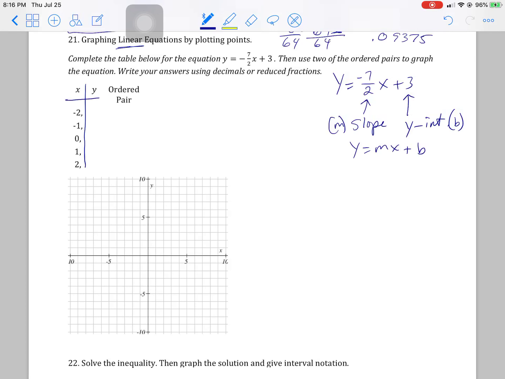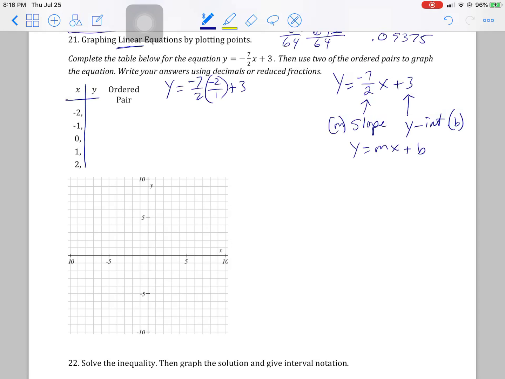And it wants to say, okay, if x is -2, what would y be? So if I'm using fractions for my slope, I like to put my whole numbers and my integers into fractional form, so I know that I'm multiplied across at the top.